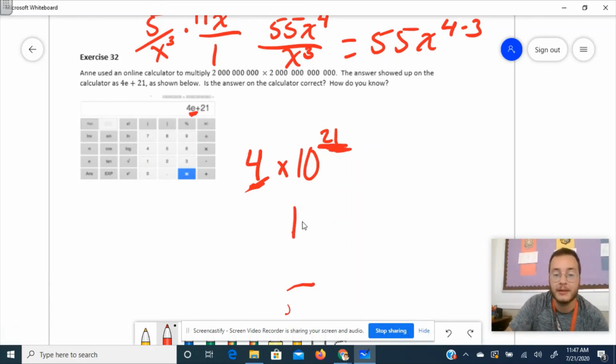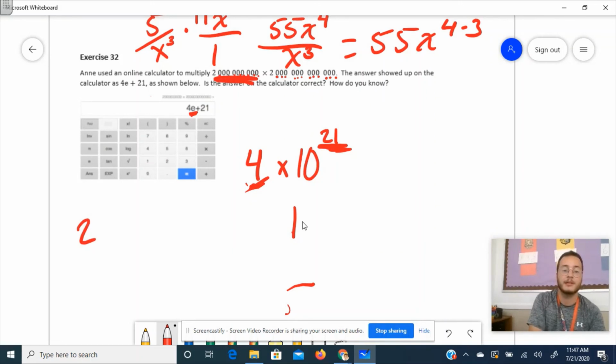So let's see how many zeros I have. 1, 2, 3, 4, 5, 6, 7, 8, 9, 10, 11, 12, 13, 14, 15, 16, 17, 18, 19, 20, 21 zeros. So yes, I would have those 21 zeros, and then times 4. Would that be the correct answer? Well, I have 2 over here.